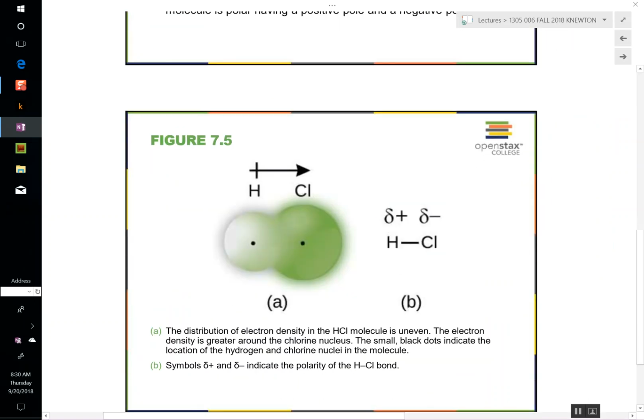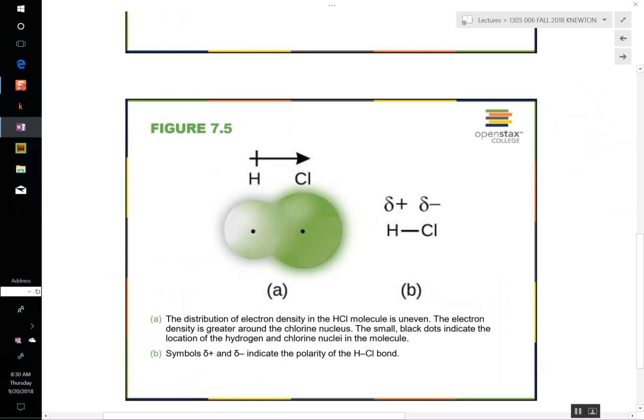Okay, now, there can be unequal sharing. You can have a covalent bond between two atoms of two different elements, hydrogen and chlorine here, and form a polar covalent bond. Here's where we're talking about a polar covalent bond.